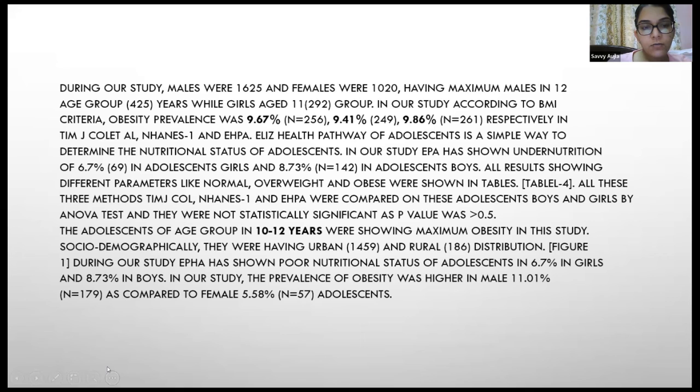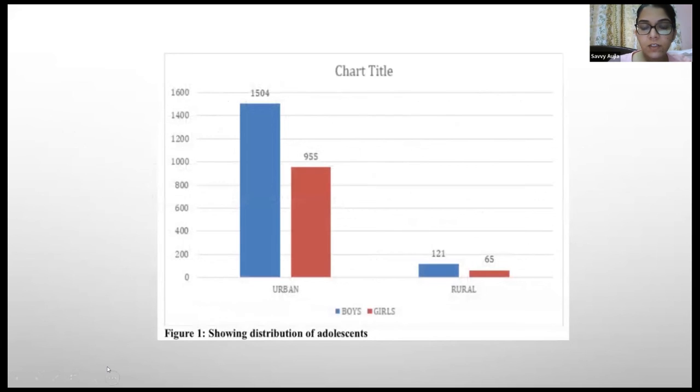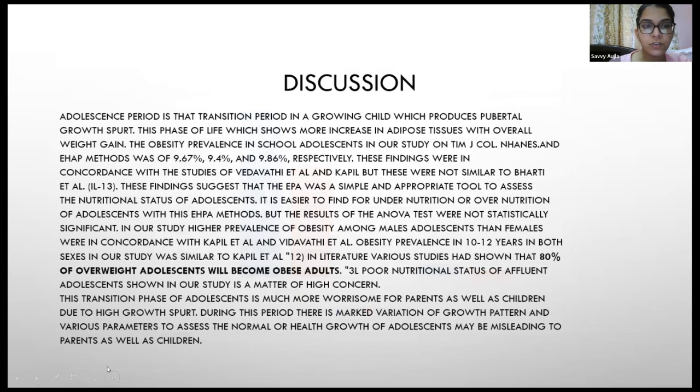The adolescents of age group 10 to 12 years showed maximum obesity in this study, and the sociodemographic percentage of the urban and rural distribution is shown in the next figure. Okay, this is the figure which shows the sociodemographic distribution in the urban and rural areas of the participants of our study.